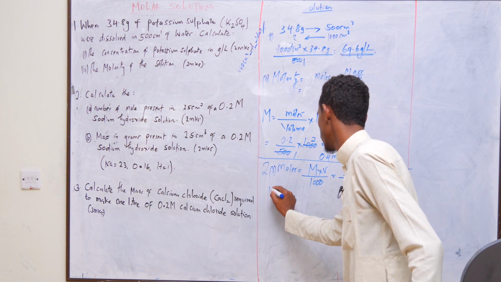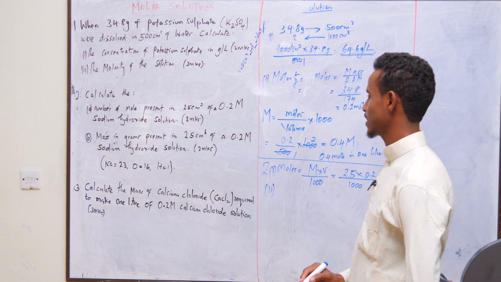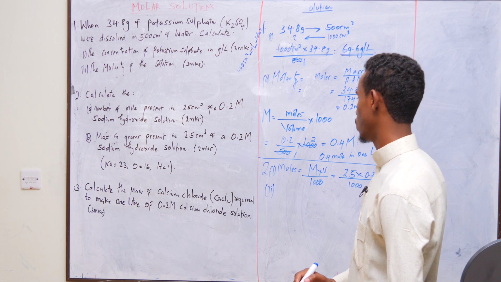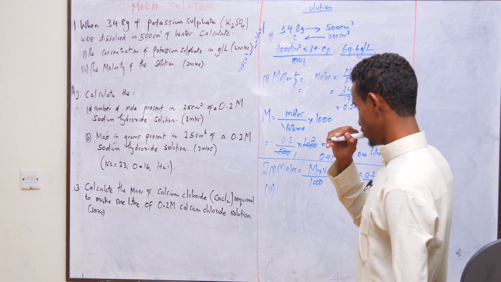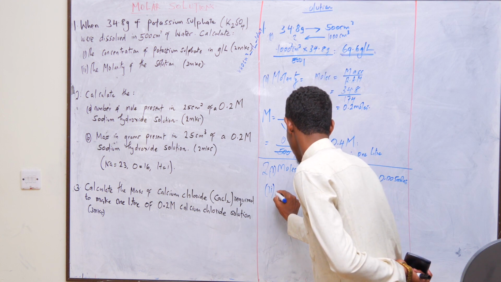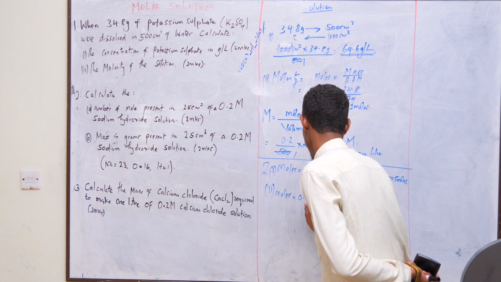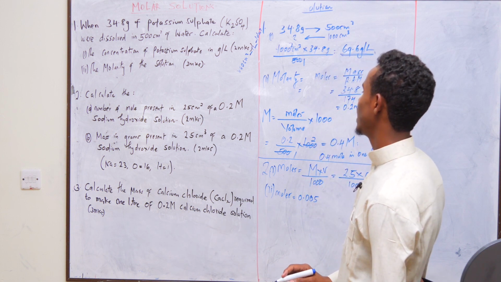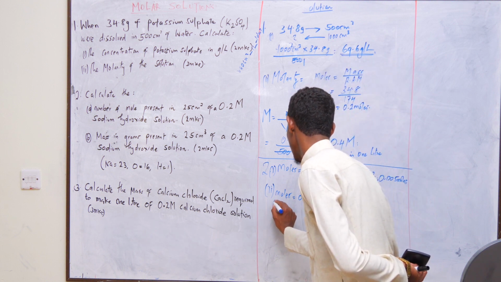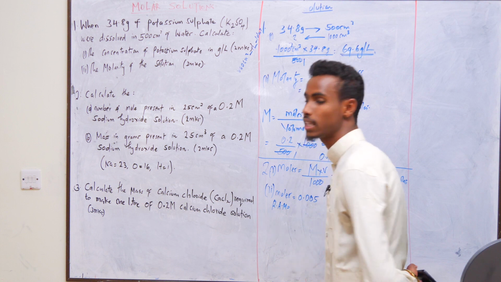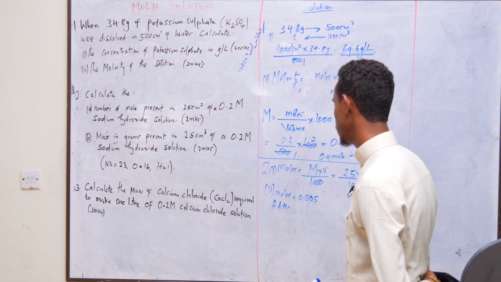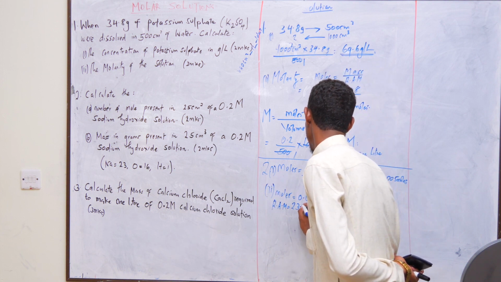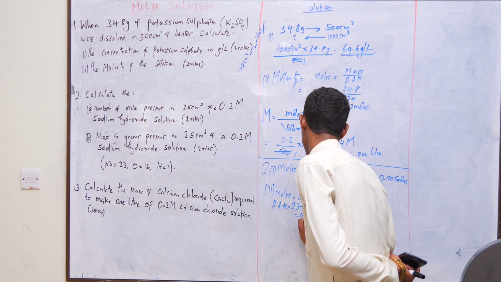Now that is done. That is part 1 of the question. Part 2 of the question again, class: mass in grams present in 25 cubic centimeter of 0.2 molar sodium hydroxide. Now class, in section 1 we got moles as 0.005. Now let's get the relative formula mass of sodium hydroxide. It will be 23 plus 16 plus 1, which gives us 40.